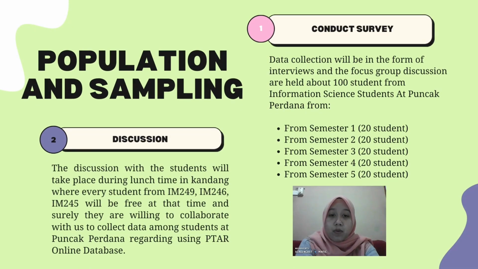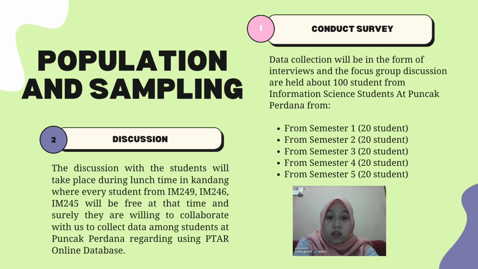Okay, let's go to the population and sampling. First, conduct surveys. Data collection will be in the form of interviews and focus group discussions held with the students from Information Science at Puncak Perdana. From semester 1, about 20 students, semester 2, 20 students, semester 3, 20 students, semester 4, 20 students, and semester 5, 20 students.